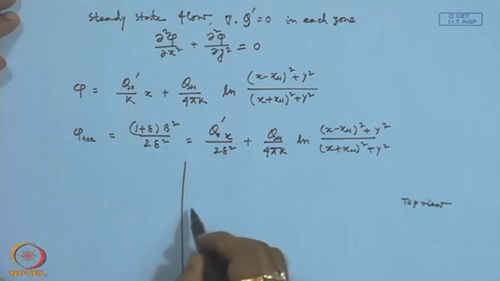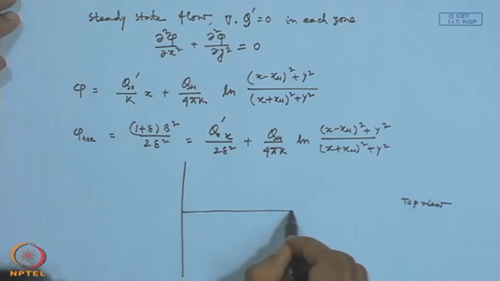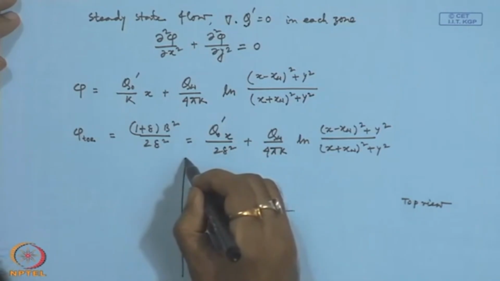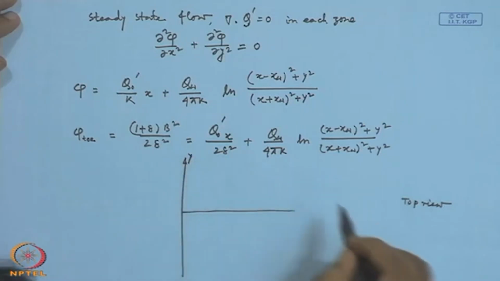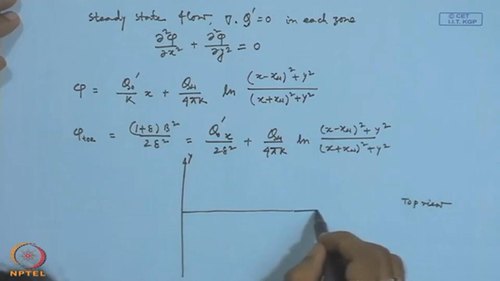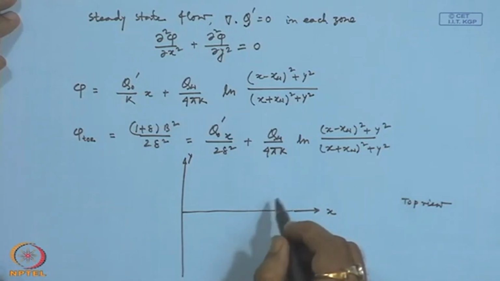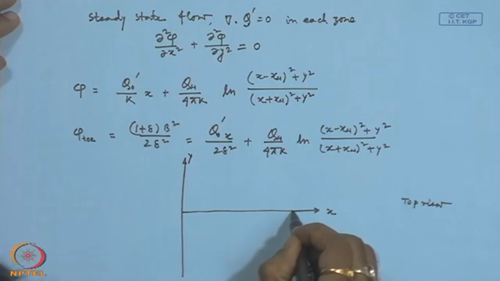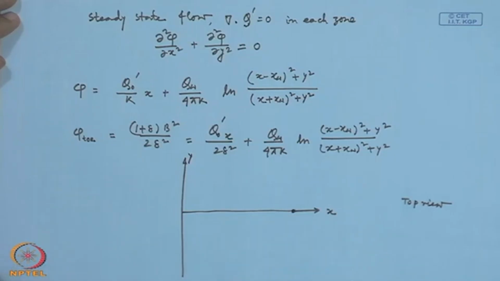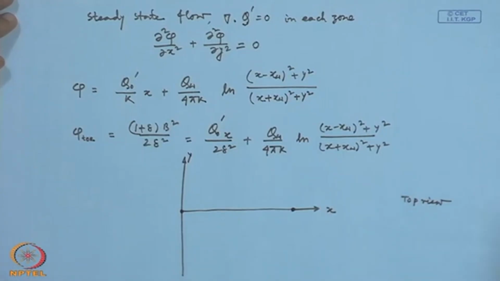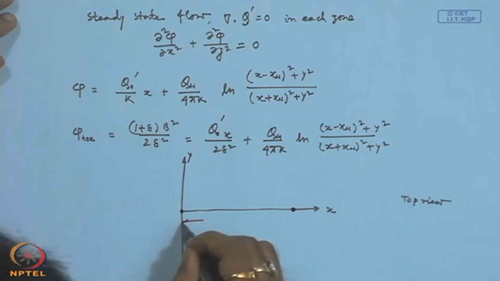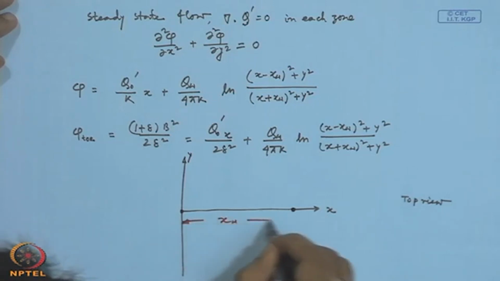In top view, we can see this is the y axis, this is the x axis, and this is the location of the pumping well, x_w.